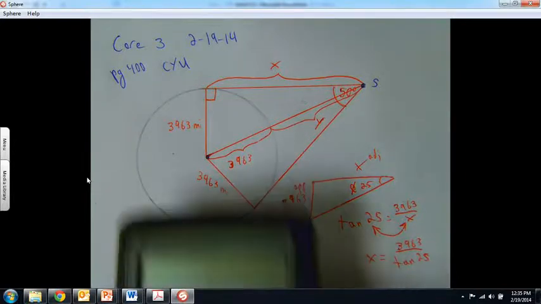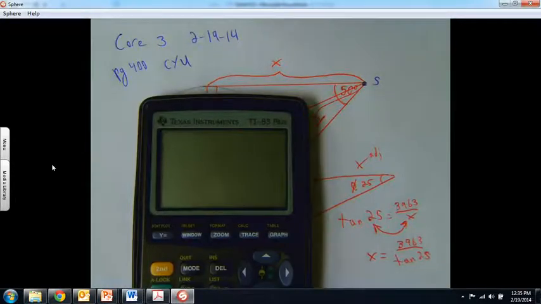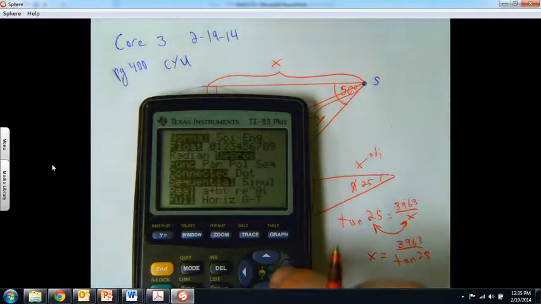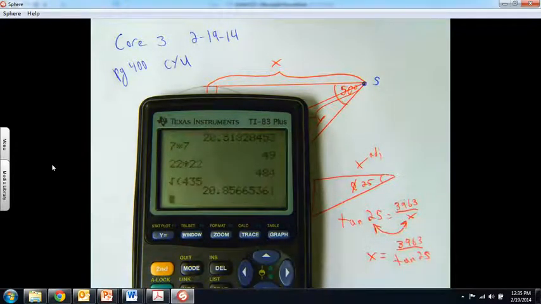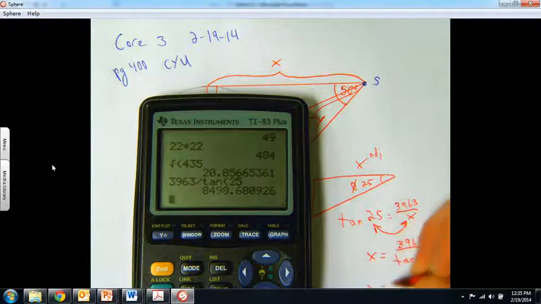Break out your calculator. First of all, let's double check, make sure we're in degree mode. We are. Here we go, press enter. Now, 3,963 divided by tangent 25. We get 8498.68.